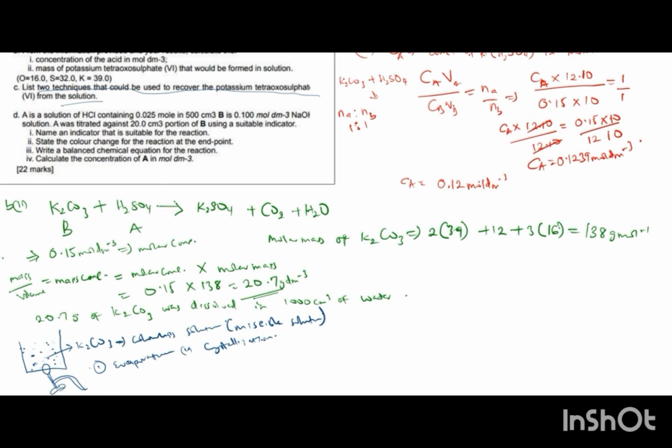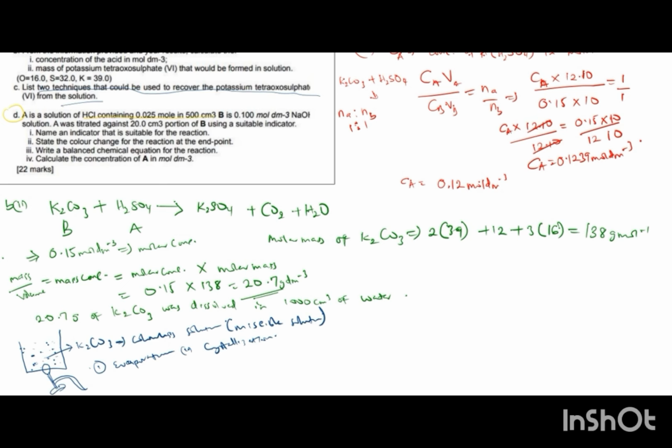But if you want to see the practicality, you can look for the practical on volumetric analysis on my YouTube channel. So VB equals 2 centimeter cube, which is the volume of the base used. This is the concentration CB, which is 0.1 mole. This is VB, the volume of the base.